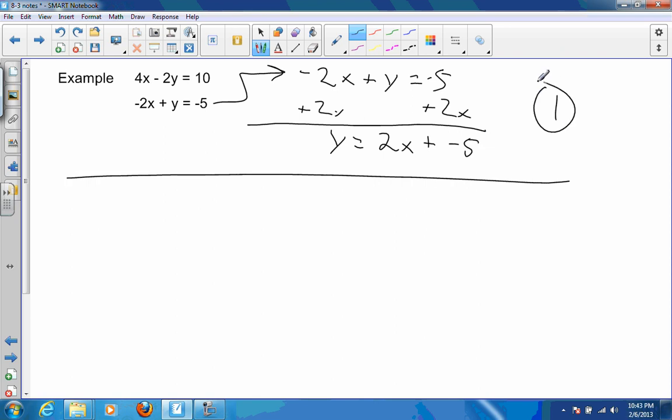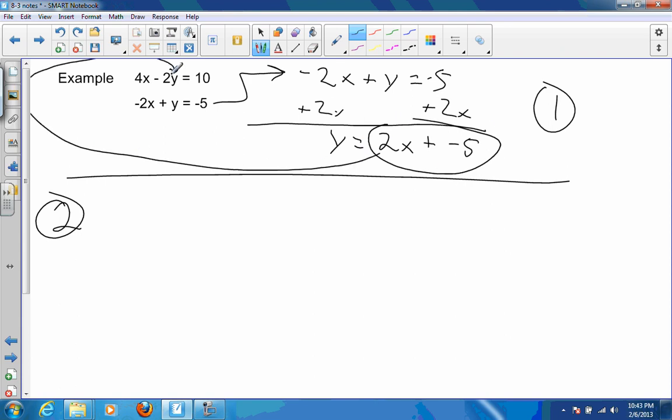Step 1 is done. Step 2 says to take this answer now and substitute it back into the other equation. So I'm going to take the 2x plus negative 5 right here and substitute it back into this equation right there. So step 2 looks like this. 4x minus 2 times 2x plus negative 5 equals 10.